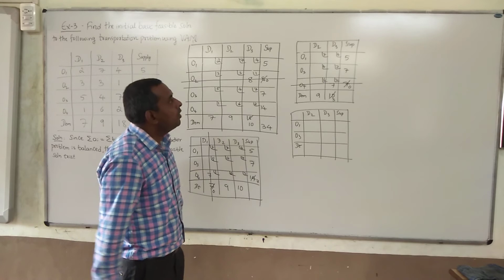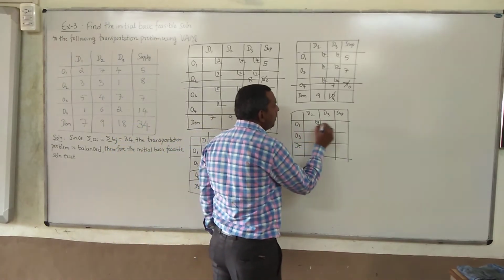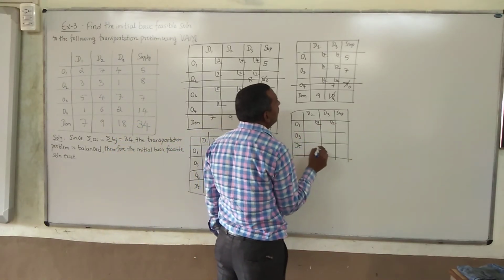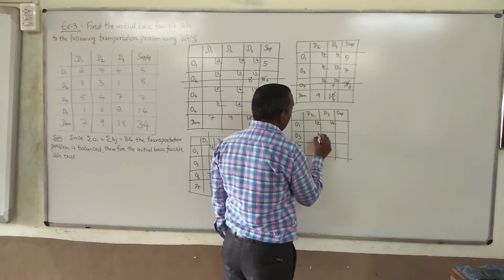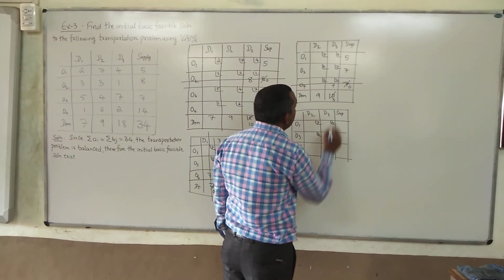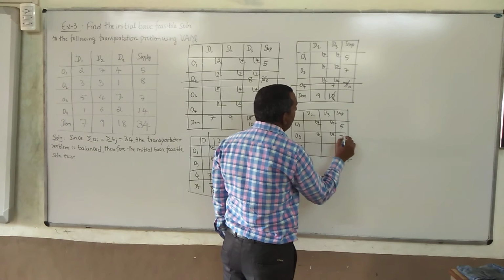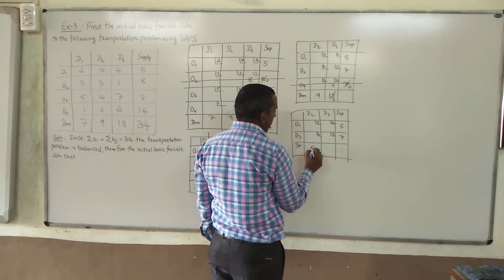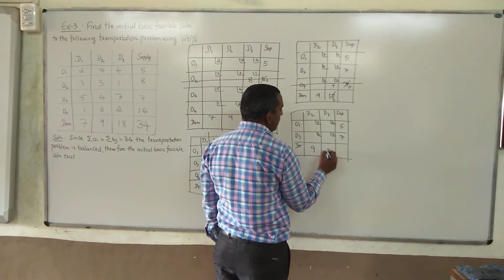Now it is 7, 4, 4, 7. The respective supply is 5, 7 and 9, 3.